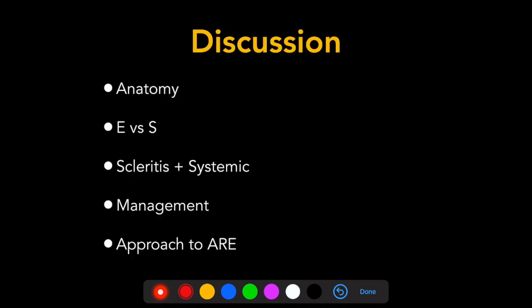So let's start with the discussion. We'll talk about the very basic anatomy first. Then we will differentiate episcleritis versus scleritis. Thereby we will talk about scleritis, the systemic disorders which can produce scleritis, the management, and we'll end with the approach to acute red eye. I hope that's fine till now.